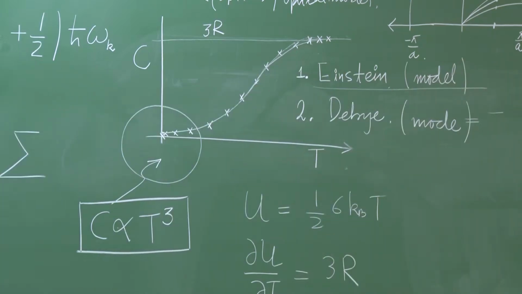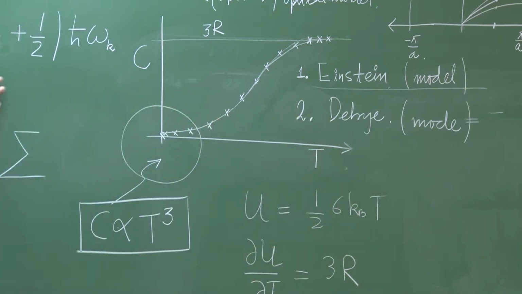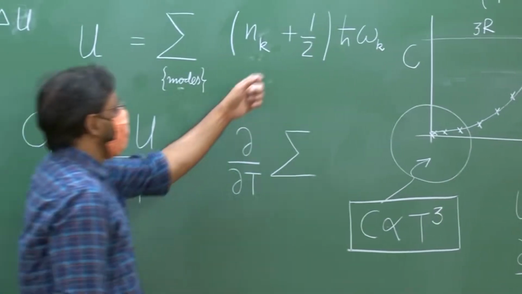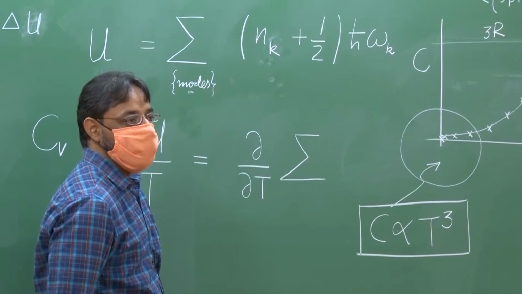But now, in fact, we have come far ahead of both Einstein and Debye. We directly wrote this expression in terms of phonons, and if you can calculate this derivative, you can actually get the specific heat.